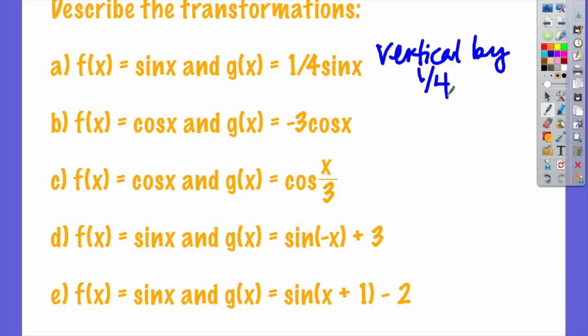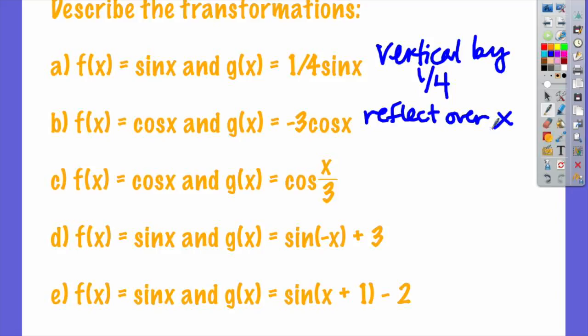Okay? What about B? I'll take a volunteer on this one. Reflect over the which axis? It's actually going to be over your x-axis because since the negative's on the outside, remember that's basically like you're making your y's negative.